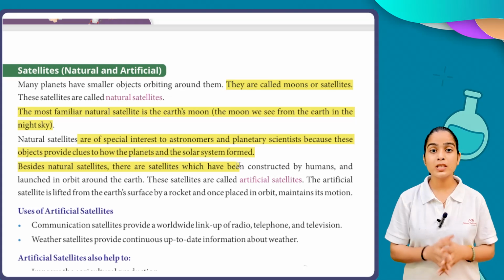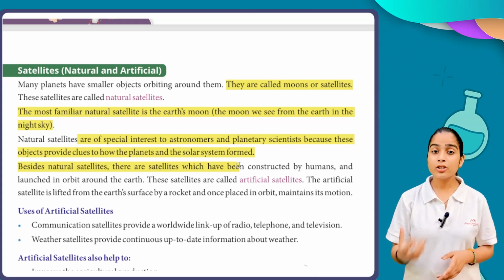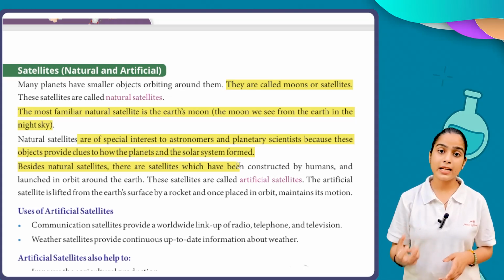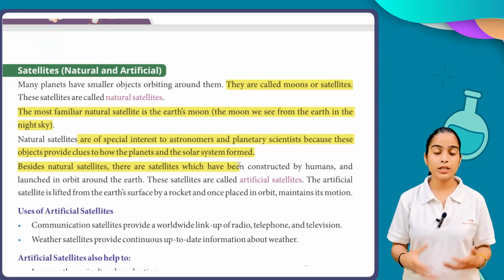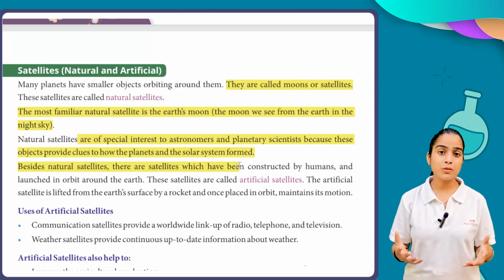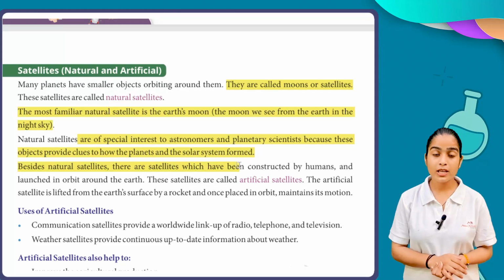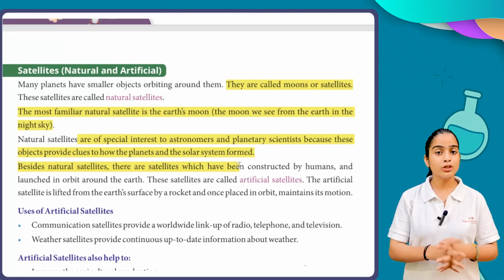With the help of these satellites, we can get knowledge about the other planets as well. As we live on Earth, we know a lot about the Earth. But Mars, Jupiter and Venus are a curiosity for scientists, so with the help of satellites they can collect information about the other planets.